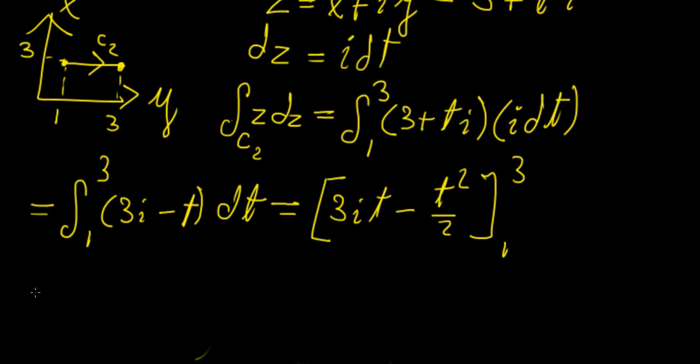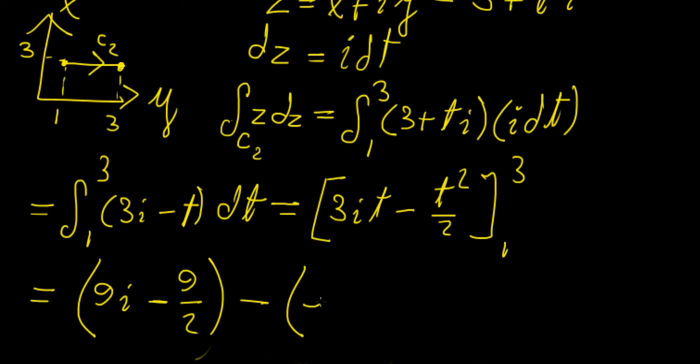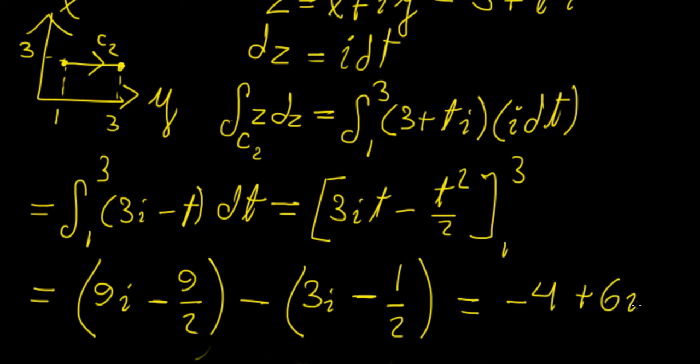And then if we plug these values in, we're going to get 9i minus 9 on 2 minus 3i minus 1 on 2. And hopefully you can see that this will turn out to be minus 4 plus 6i. So this is the result for this particular curve.